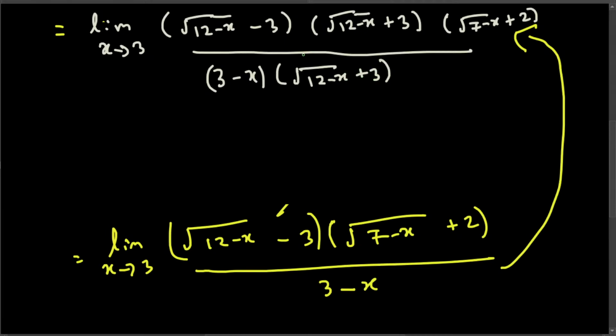Okay, now whenever we are taking a conjugate, that's the one we are going to FOIL. We keep the other one as it is. Since the numerator is the one we took the conjugate of, we are going to FOIL that one. So if we FOIL that one, let's see what we get. Limit x approaches 3. If you multiply square root of 12 minus x times square root of 12 minus x, this is going to become 12 minus x.